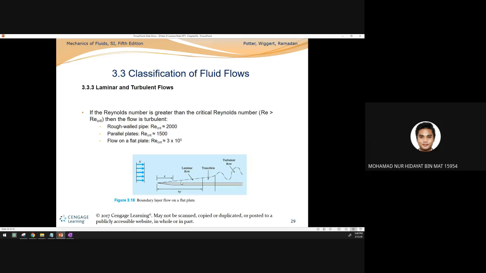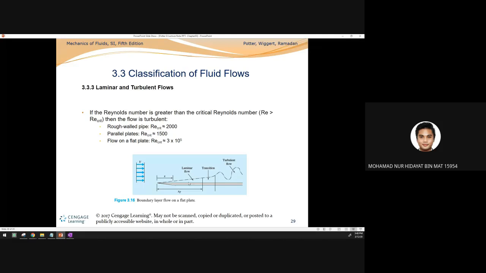When there is flow over a surface, in natural course it will be laminar first. The laminar eventually will become turbulent after going through this transition flow.